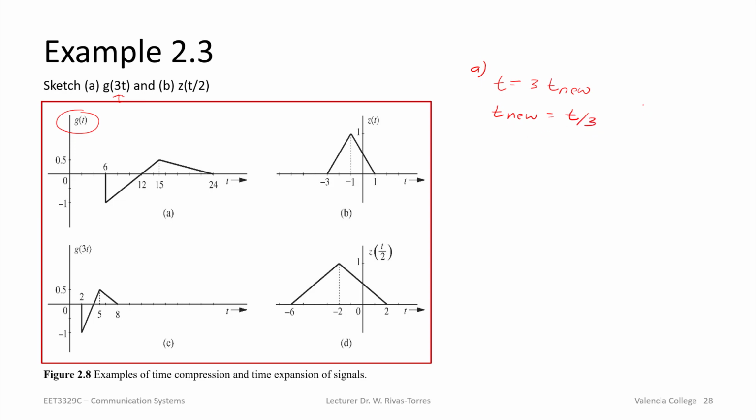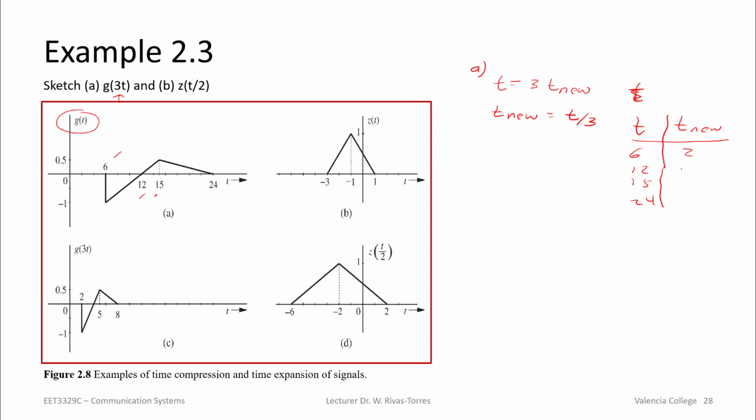If I take t and t new and make a really quick little table, what points do we know? We know 6, 12, 15, and 24, and t new is always divided by 3.